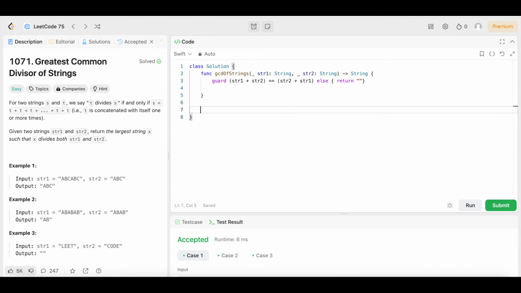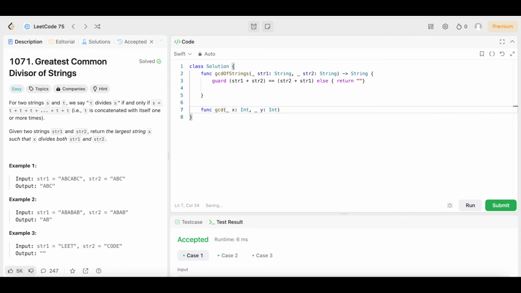Let's write out a little bit more code to help you understand. First thing we're going to do is write a helper function, and we're going to call this gcd. It has the parameters x, which is an integer, and y, which is an integer as well.